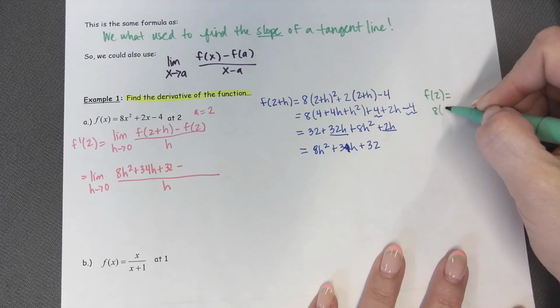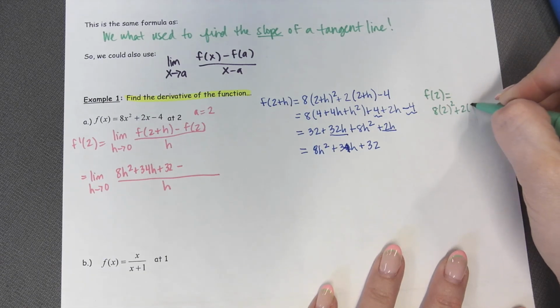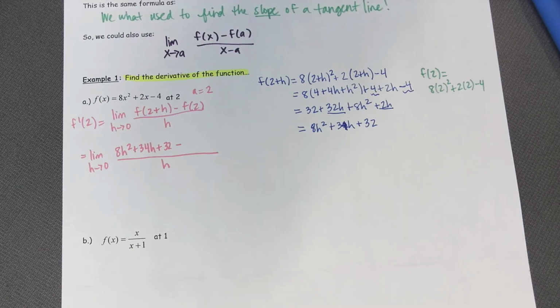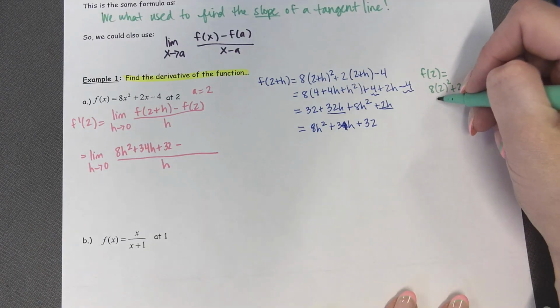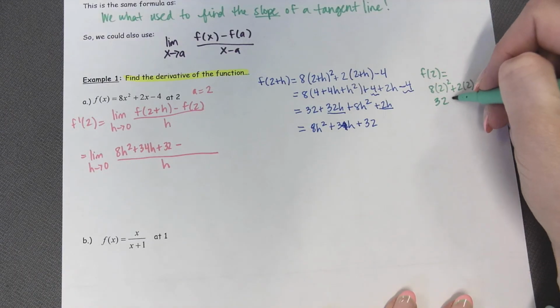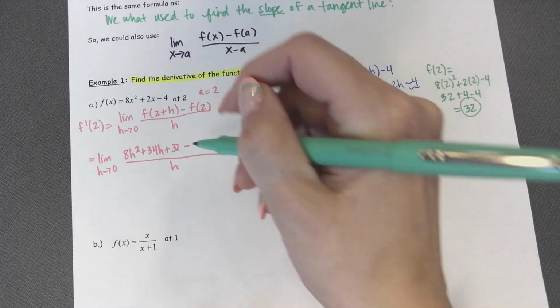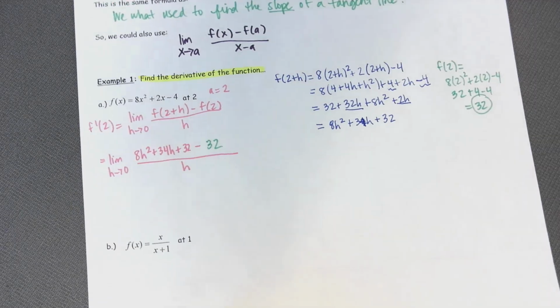So it's 8 times 2 squared plus 2 times 2 minus 4. We have to follow the order of operations. So 2 squared is 4, 4 times 8 is 32, plus 4 minus 4, so this is going to be 32. That is what I'm going to substitute in here.